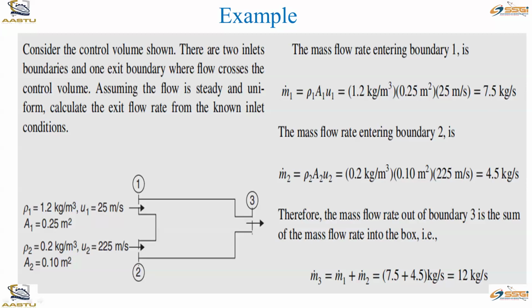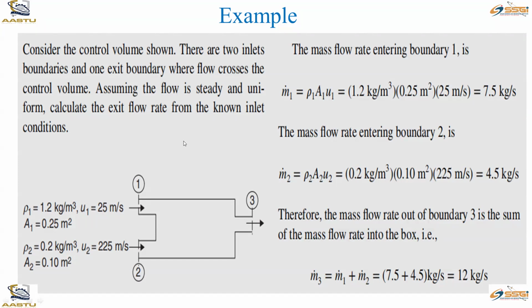Therefore, the mass flow rate out of boundary 3 is the sum of the mass flow rates into the 1 and the 2. So m dot 3 is equal to m dot 1 plus m dot 2, which gives us 12 kilogram per second. So mass in, mass out.